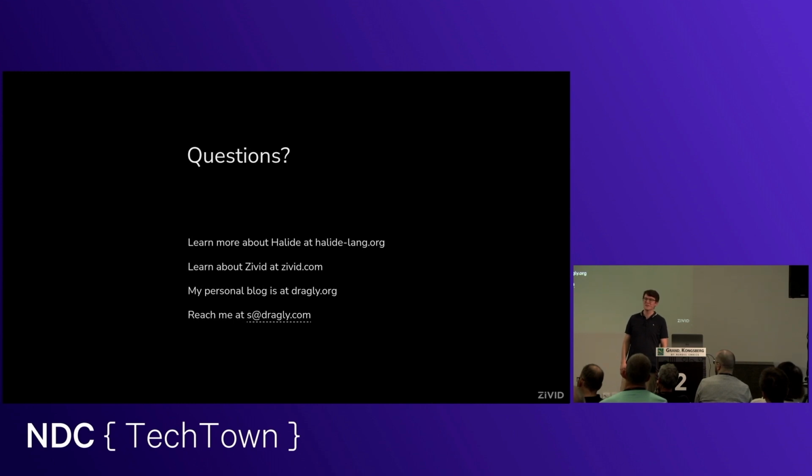Yes. So the question is, if you're using the C++ bindings, can you then still do the realizations essentially at runtime and not just compile it down to binary code? And the answer is yes. So Halide can essentially be run in these two modes, both in Python and in C++. So you have the just-in-time compilation mode, where it's leveraging, I think it's LLVM at runtime to generate the just-in-time compiled code and then run it.